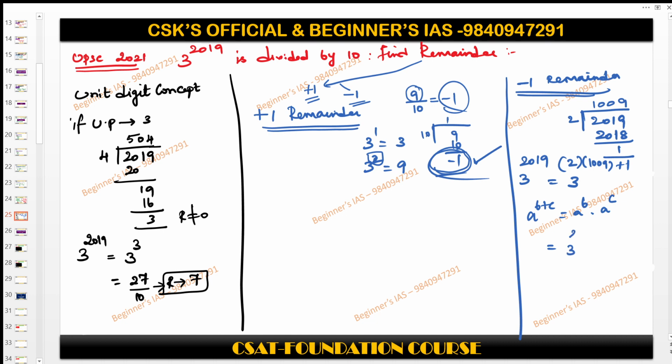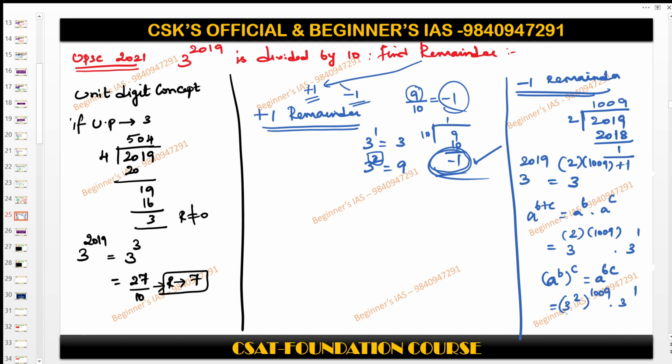So this can be written as 3 power 2 into 1009 into 3 power 1. Another one: a power b the whole power c can be written as a power bc. Same logic we are going to use here. So this can be written as 3 power 2, the whole power 1009, into 3 power 1.